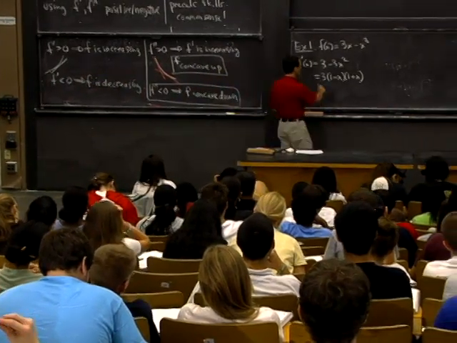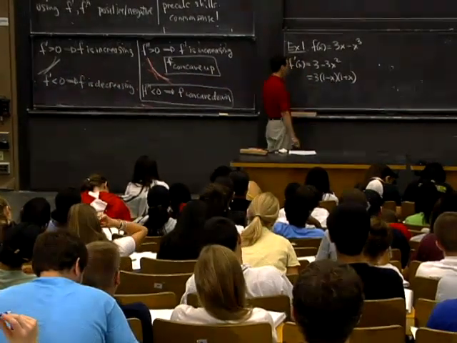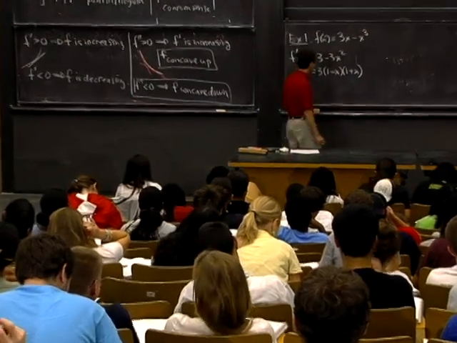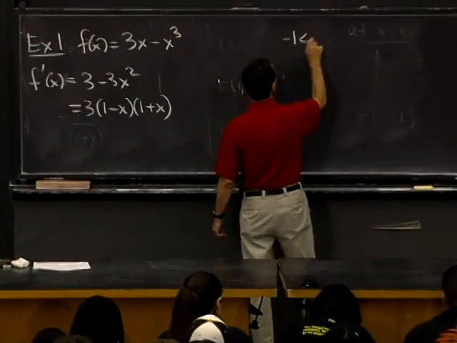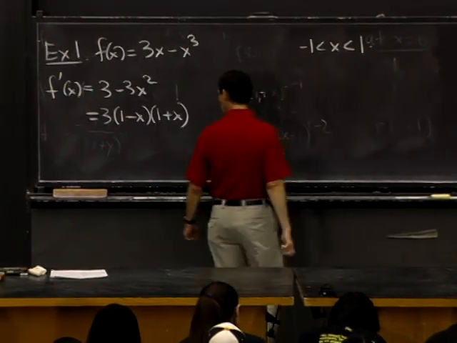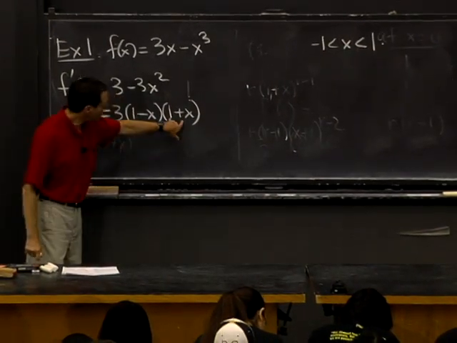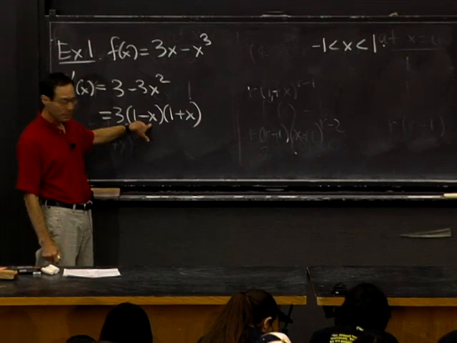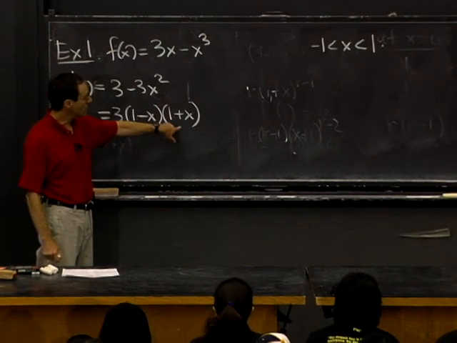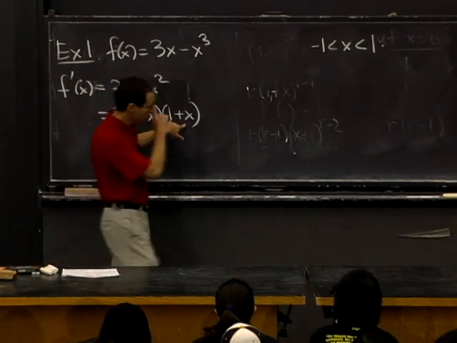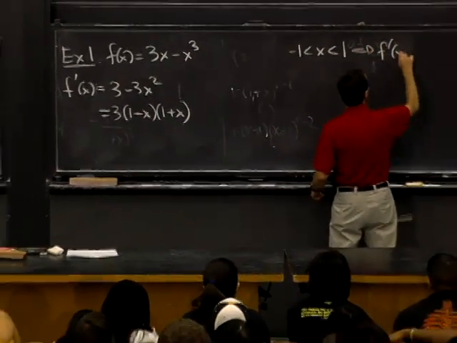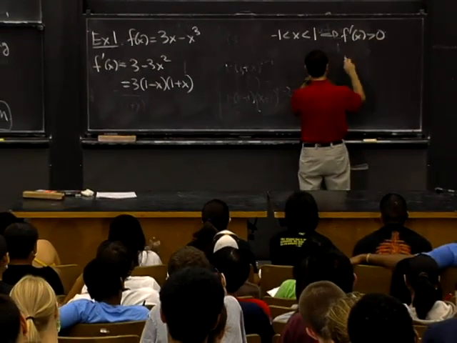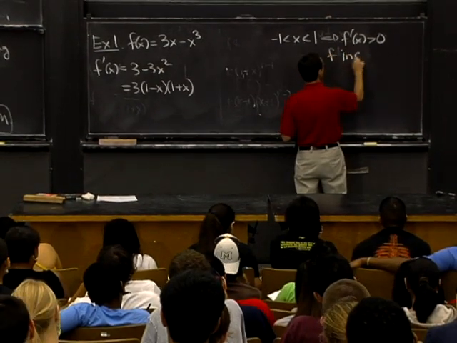Namely, just staring at this, I can see that when -1 is less than x is less than 1, in that range both of these factors are positive. 1 minus x is a positive number, and 1 plus x is a positive number. So in this range, f prime of x is positive. So f is increasing.